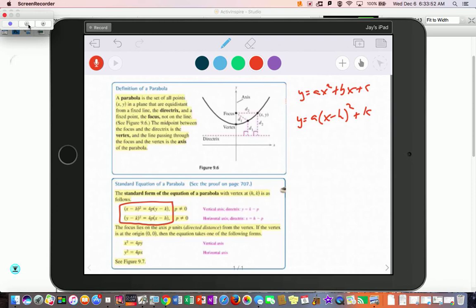h and k still stand for the vertex, but now it helps us tell a little bit more about the shape. And the way I teach it, I always put the squared on the left and the single quantity with the 4p in front of it on the right.